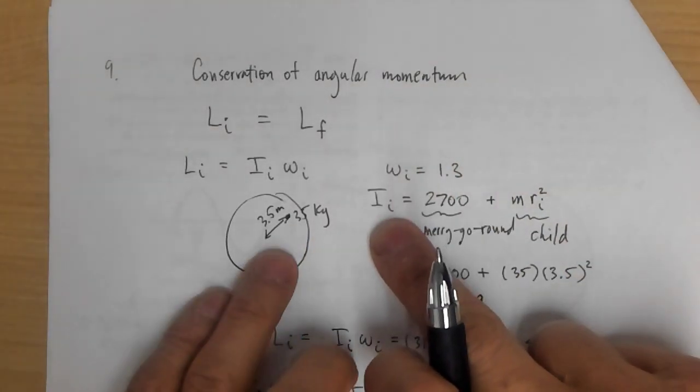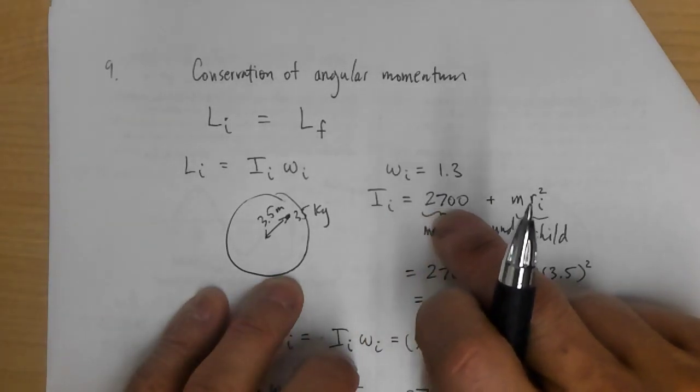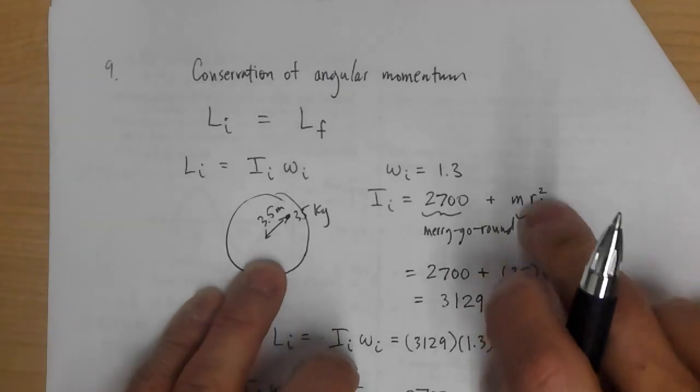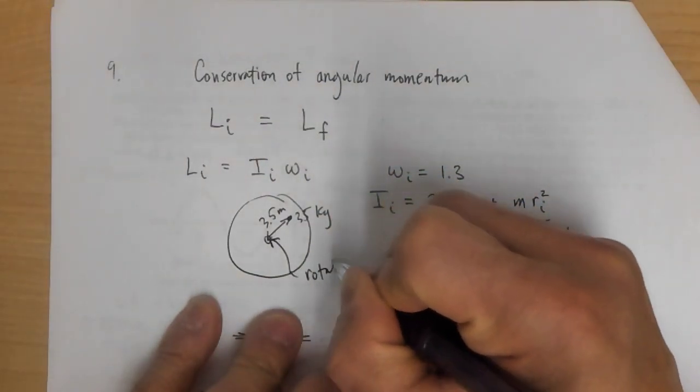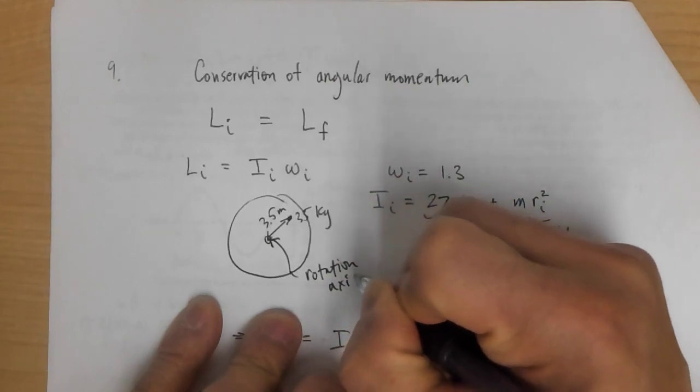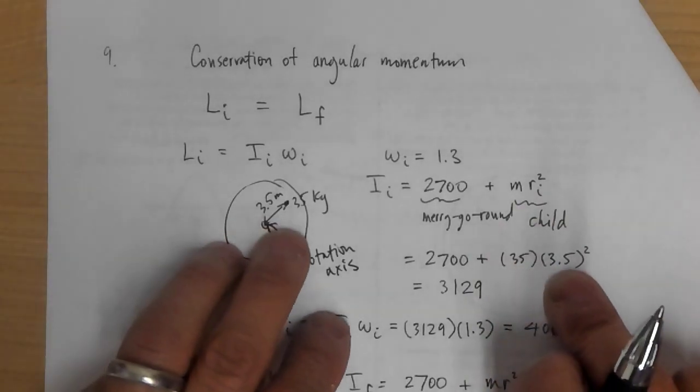So the moment of inertia of the merry-go-round is 2,700 plus the moment of inertia of the child around the rotation axis. So that's m r squared, that's 35 times 3.5 squared.